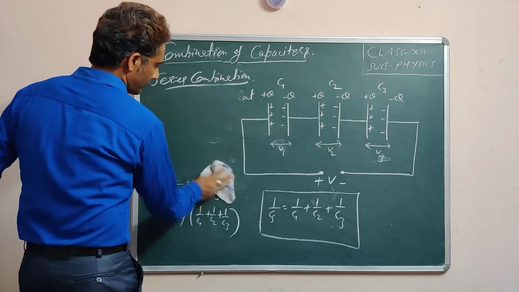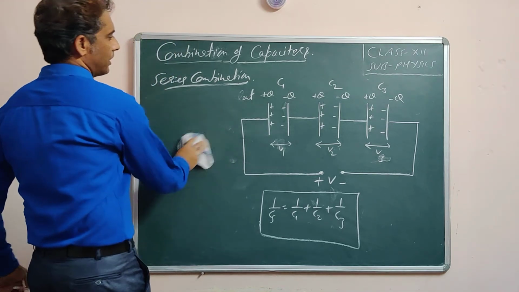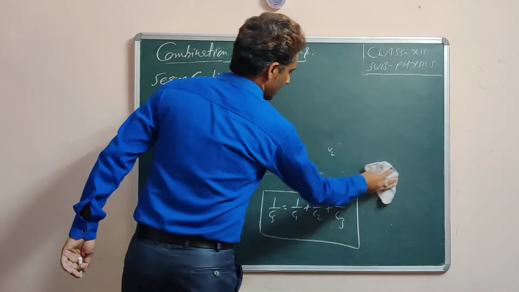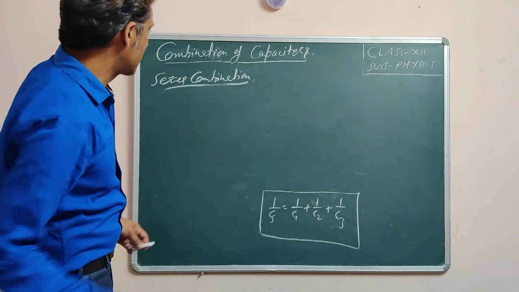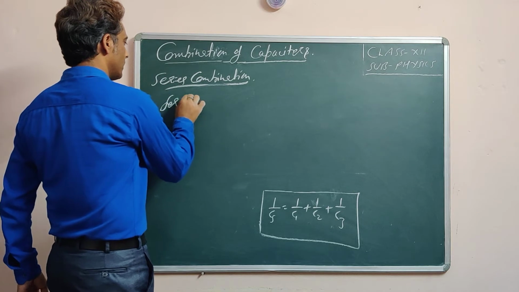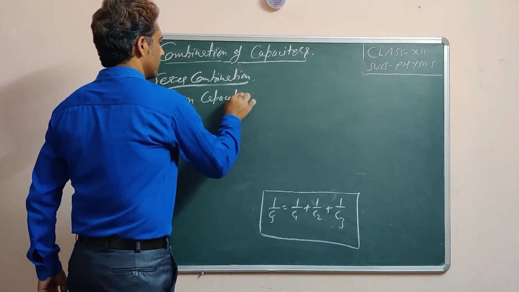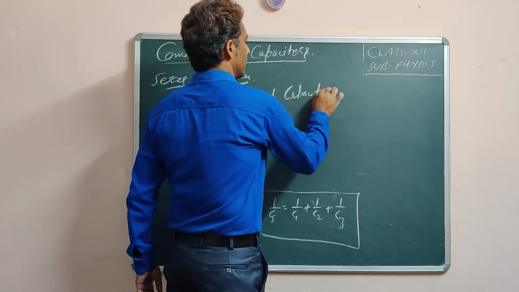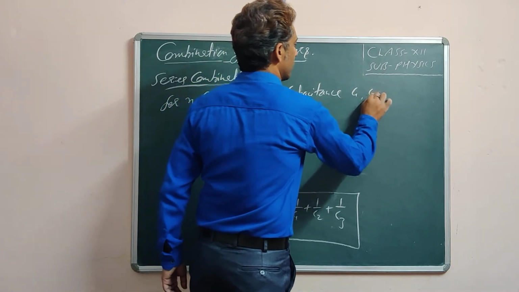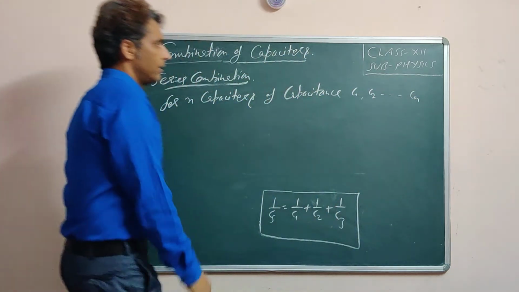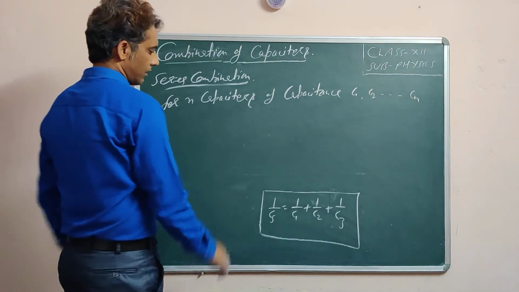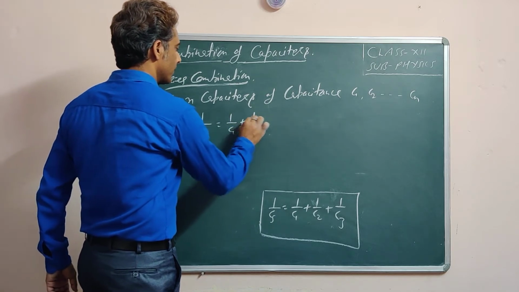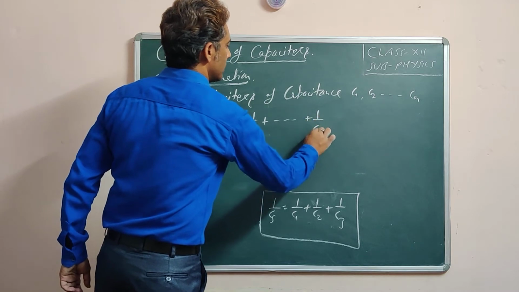If there are n capacitors of capacitance C1, C2, so on up to Cn, and if CS be the net capacitance, then 1 over CS is equal to 1 by C1 plus 1 by C2 plus so on up to 1 over Cn.